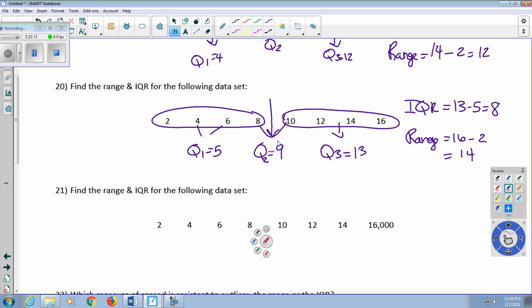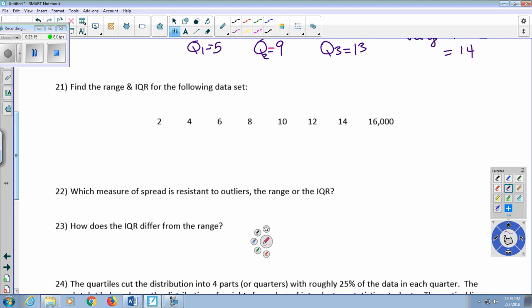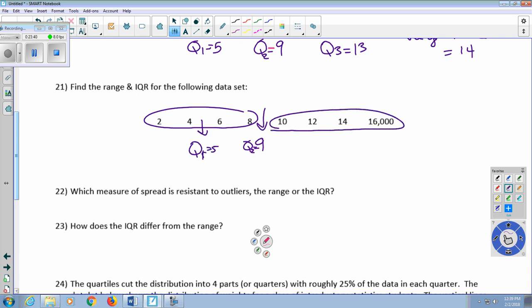Okay, so let's see what happens when we have this outlier in here. We already saw the median wasn't affected by it, but what about the range and the IQR? So quickly, the median here is 9. That's our Q2, right? And we're going to use this again to find Q1, which equals 5, and this to find Q3, which doesn't get changed by that outlier.